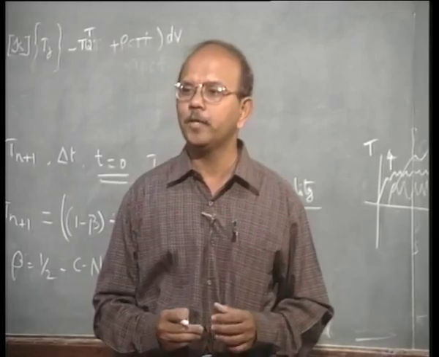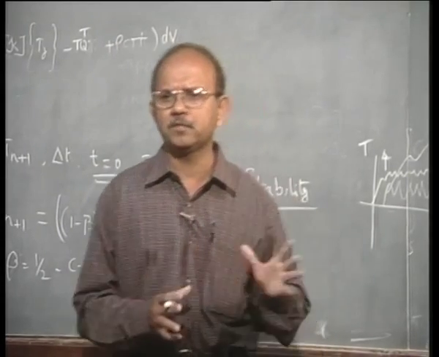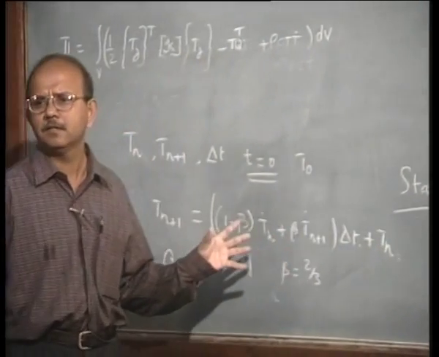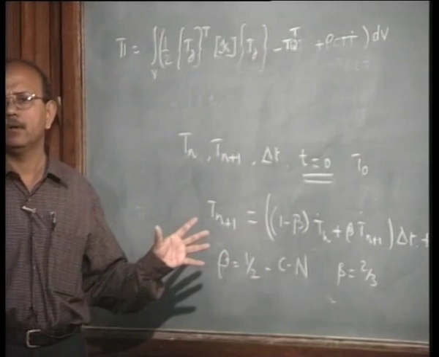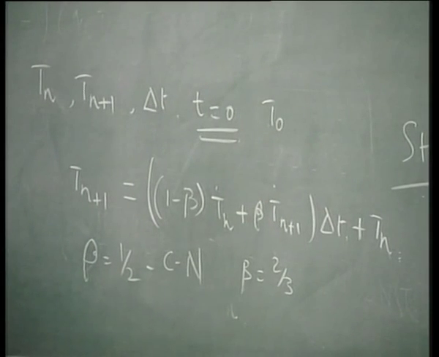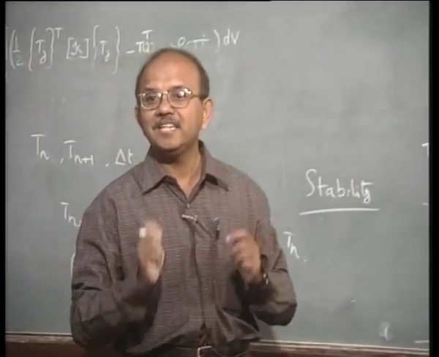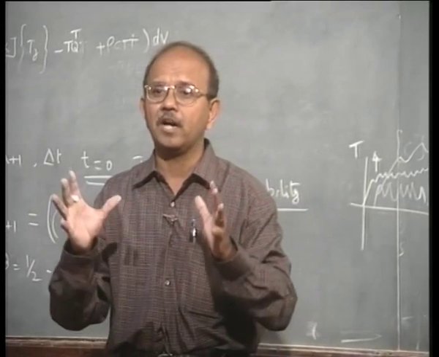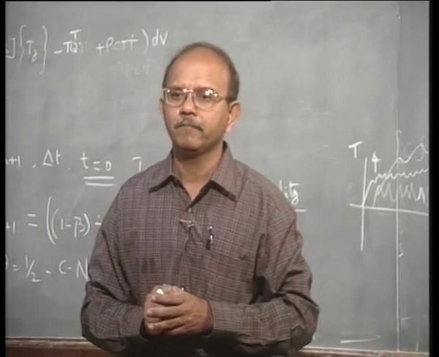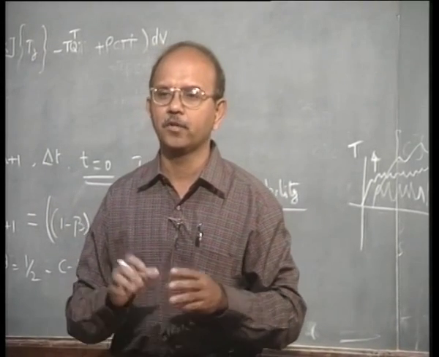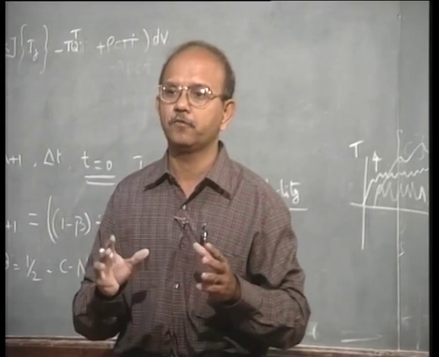But when you go to beta equal to 1, does anyone know about this? Probably studied in numerical analysis. No? Okay, I am giving you only the results, because this is a topic by itself. When beta is equal to 1, the scheme is only first order accurate, accurate only up to delta t.